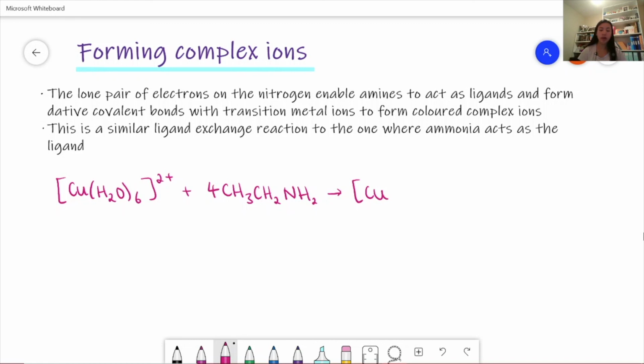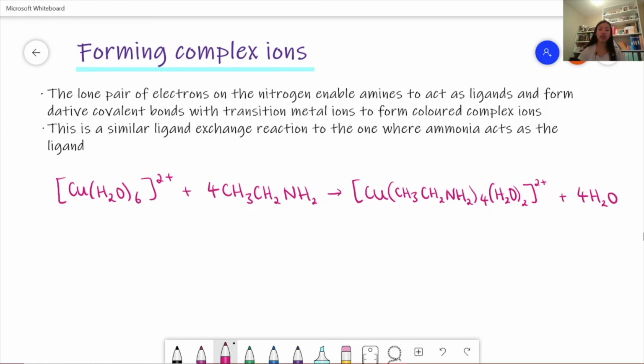So we have copper, and then CH3CH2NH2, and we have 4 of those, and then now we only have 2 waters left in the complex. And this still has a charge of +2, and now we have 4 waters which have been substituted out. So this is a ligand substitution. And so this is how we formed a complex ion.